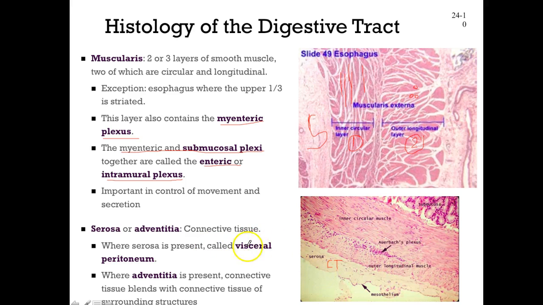So visceral peritoneum means that this is a serous membrane, and this is going to be adhered onto our abdominal organs. But in other areas where we see adventitia more, this is just connective tissue that is blending with connective tissue of surrounding structures. So it's really just helping to support and hold that organ in place.